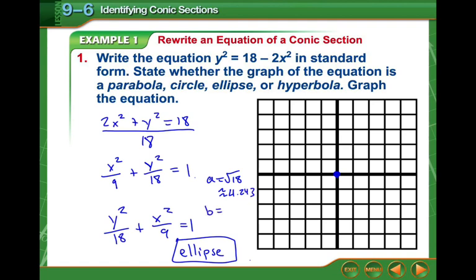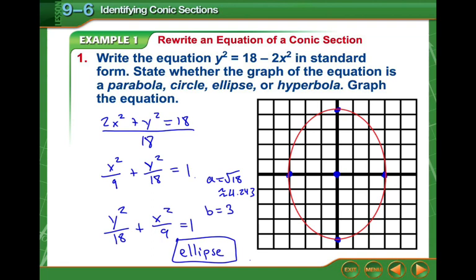And our b is the square root of 9, which is 3. So going out in the x direction, 3. And going out in the y direction, that 4.24, it's about 4 1/4. Somewhere around there anyway. And now we're ready to go ahead and plot our ellipse. And it's about there.